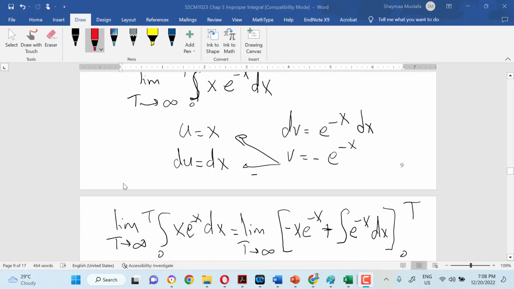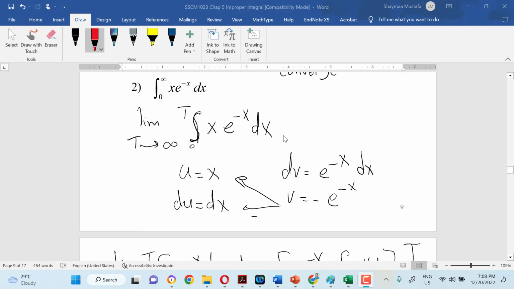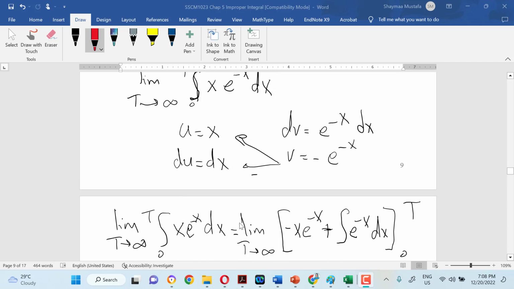Now the limit when t goes to infinity for this integration is equal to the limit when t goes to infinity of the result, which is uv minus the integral of v du. So uv is x times minus exponential minus x, minus the integration of v du.